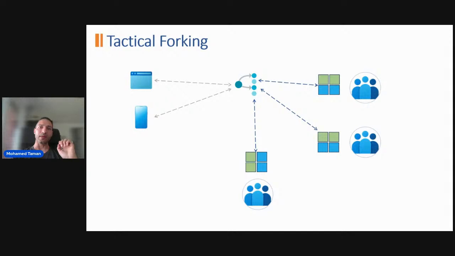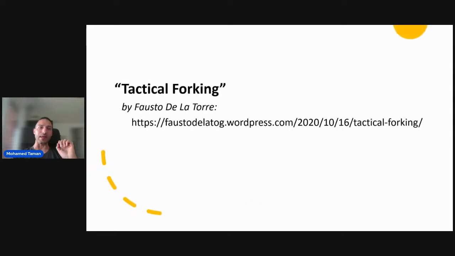One most important thing that I would like to mention here is that tactical forking is not actually something new. It was first introduced by an individual called Fausto de la Torre, who was a director of software for Thoughtworks, and he published some thoughts about this kind of idea.